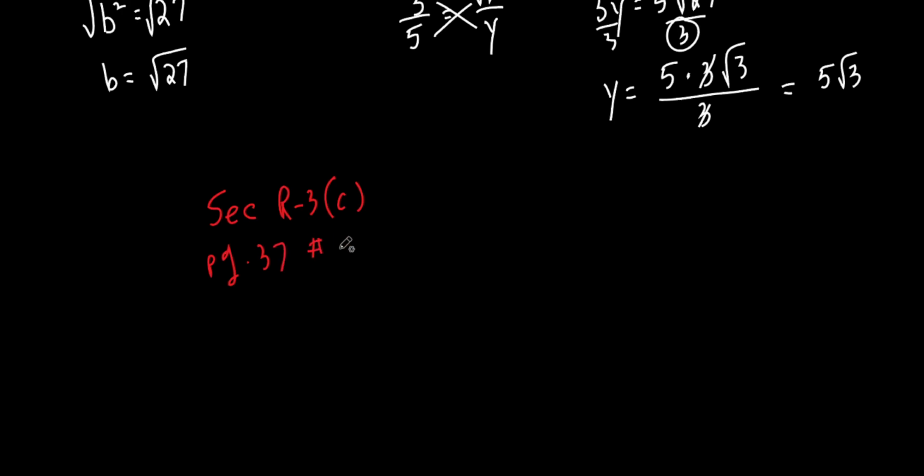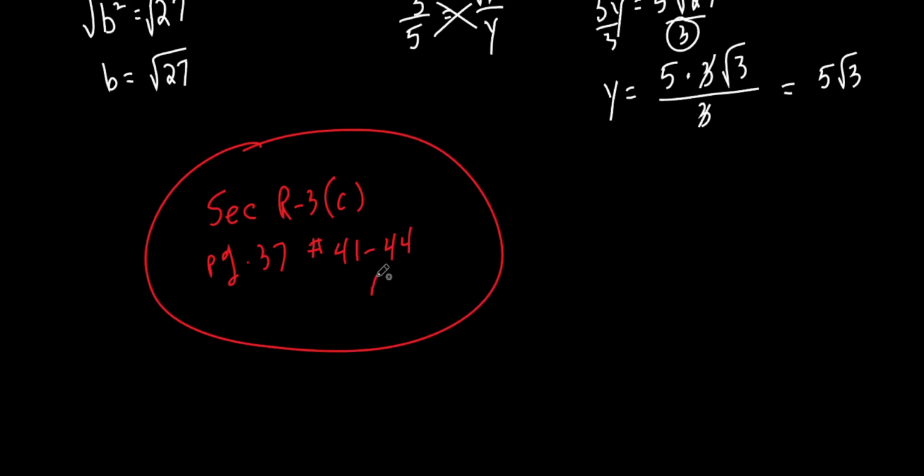And you're doing 41 to 44. And you're going to do them all. There's not that many. There's only 4 problems, actually. You should be able to do them all, so you can work on that.